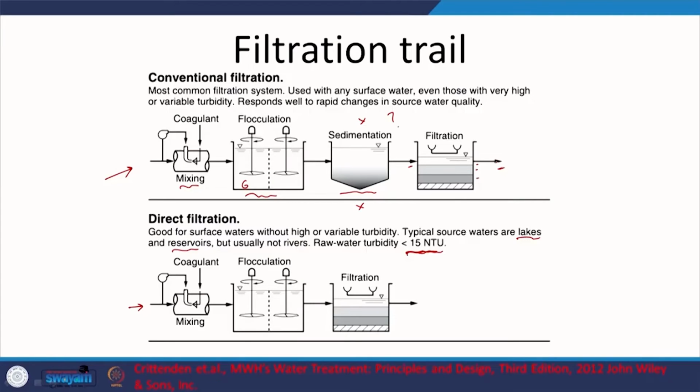But if the load of the particles coming in is very high, and even the bigger particles which can be removed have not been removed earlier with a sedimentation step, what is going to happen? You will have to clean this filter pretty often, because your head loss, the pressure or head difference between what is coming in and what is going out, will be remarkably high, right.